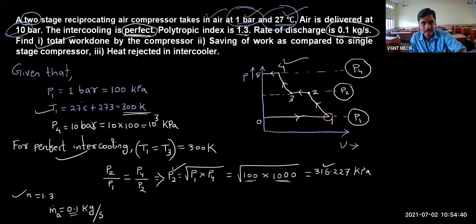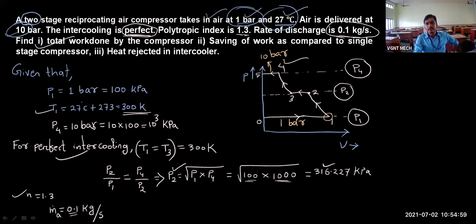So this is the case of a single stage compressor. The inlet pressure is how much? Inlet pressure is 1 bar. And what is the outlet pressure? Outlet pressure is 10 bar.